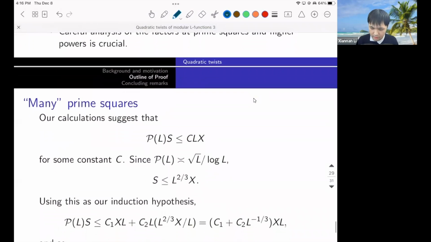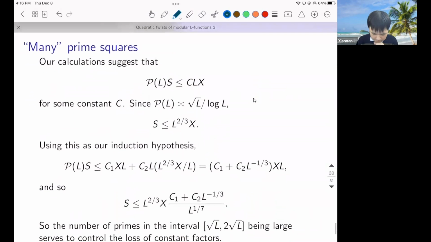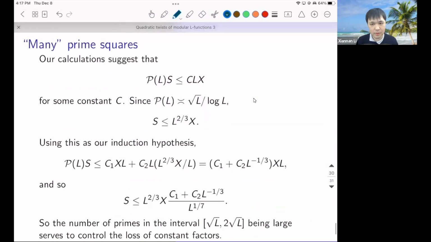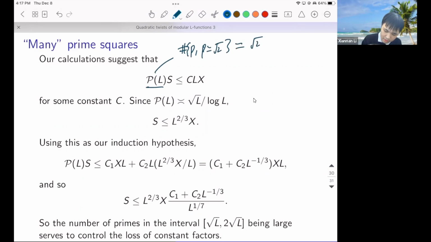So I want to make a final comment on what we do when we actually do induction, and the final property of prime squares that we're going to use, which is that there are many prime squares. So what our calculations actually say is that P_L, which was the number of primes of size root L, and this was root L over log L, which I'll just think of as being like L to the 1/2 minus epsilon.